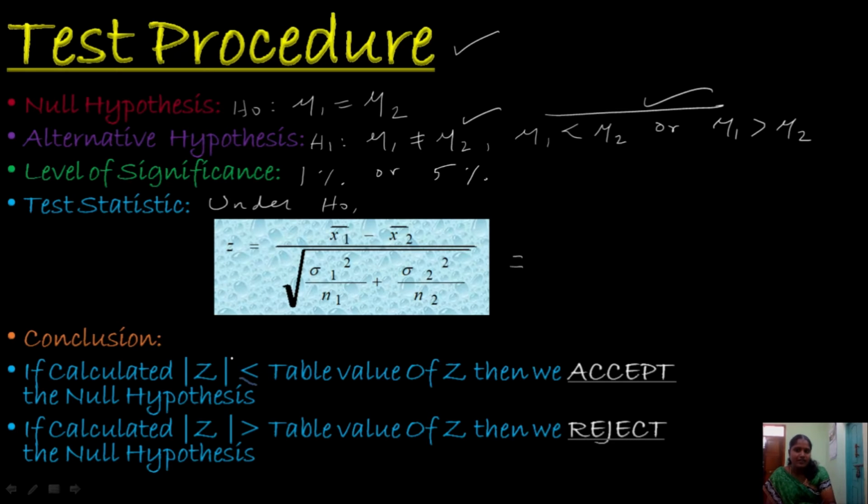If the calculated value of absolute Z is less than or equal to the table value, we accept our null hypothesis, meaning there is no significant difference. Alternatively, if the calculated value of absolute Z is strictly greater than the table value of Z, we reject the null hypothesis, which means there is a significant difference between the two population means.